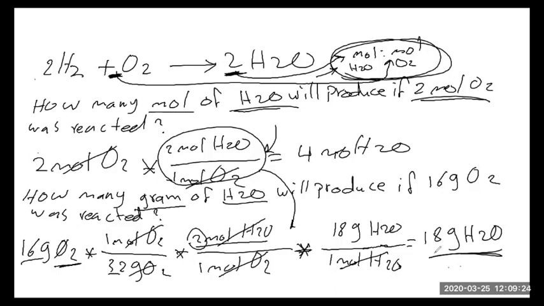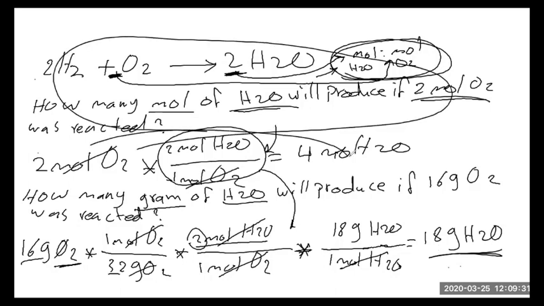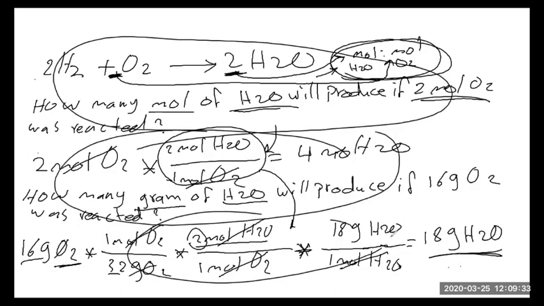Tomorrow I will be here at the same time, in case you didn't get it. This is the idea about the stoichiometry, and besides what we talked about with the mole, the mass and Avogadro's number, this is the type of question that we will have in this chapter. I will try to post this video in a few minutes on Canvas, so you can watch it also.